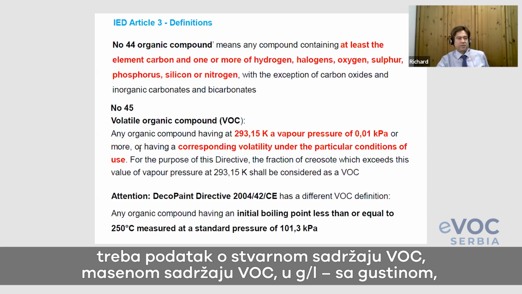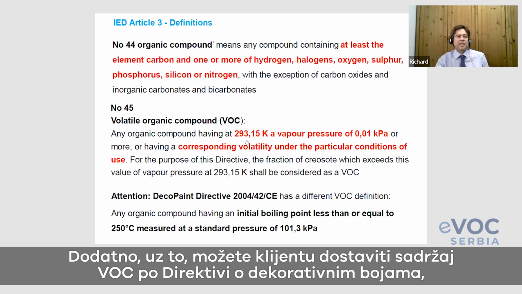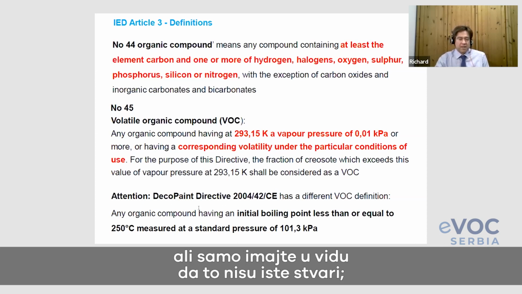Let me say weight content, or you can declare it in grams per liter with the density, but they need exactly the VOC quantity of volatile organic compound based on the definition here in chapter 5. Additionally, of course, you can inform the customer on the Deco Paint VOC content, but please keep in mind that these are not identical quantities.